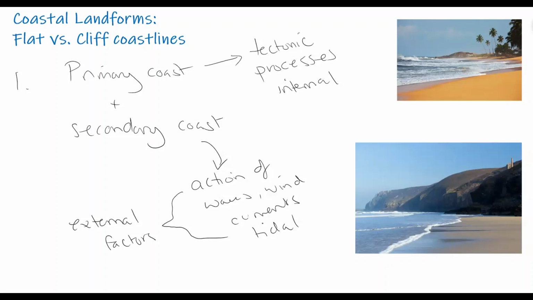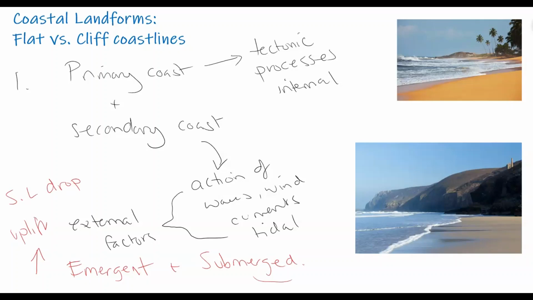In the last video, I used the words emergent and submergent. Emergent means to rise up through uplift, where the sea level is going to drop and expose more land.